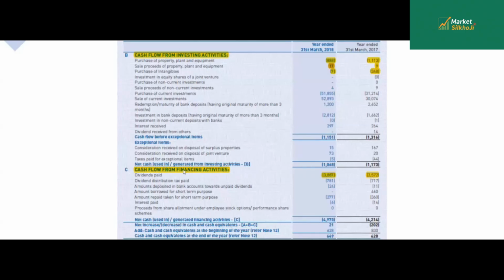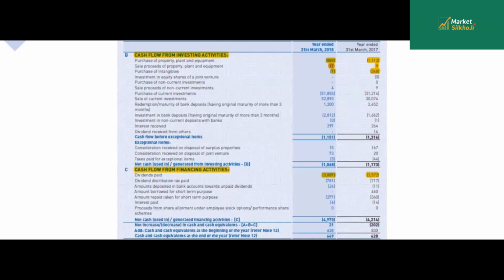Next we have cash flow from financing activities. Here you can see dividends paid, dividend distribution tax paid. If you look at that amount, 3,800 plus close to 700, so it is close to 4,600 or so. So they generated 6,000 crores. Out of that, close to 1,000 crores is utilized for expansion. The remaining 4,600 or so is utilized for paying dividends. What are dividends?